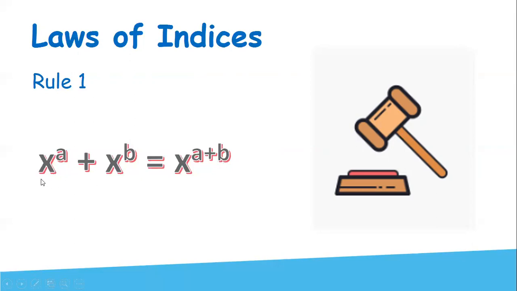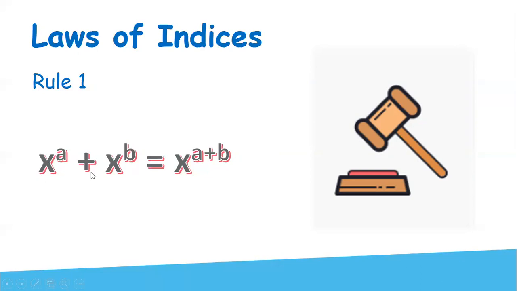Now I want you to look at this expression, x raised to power a and x raised to power b. You will discover that both of them have the same base, x and x. They have the same base, but different indices.